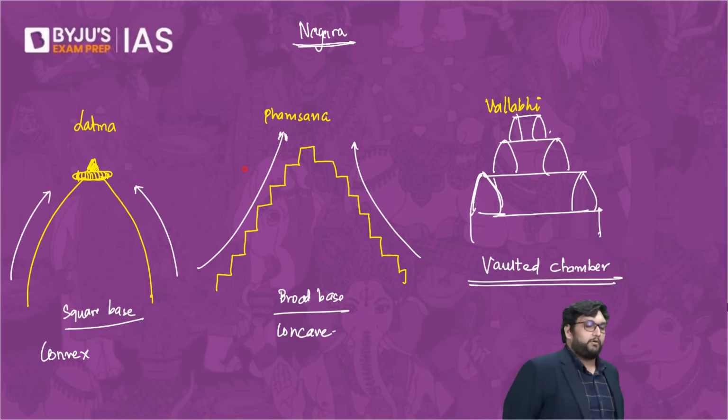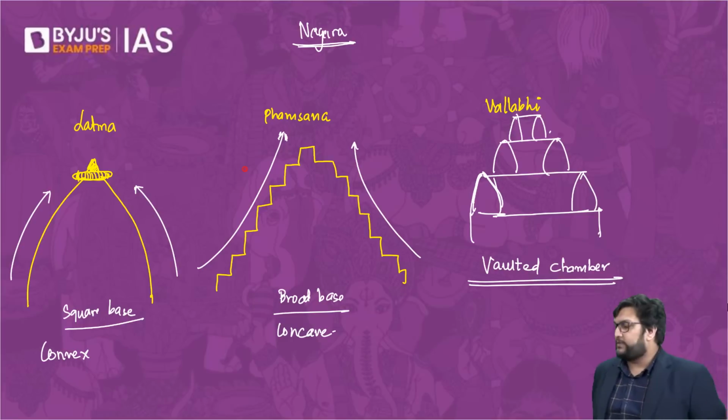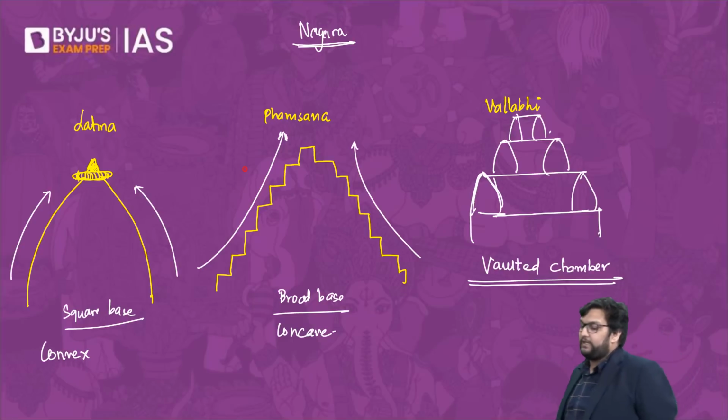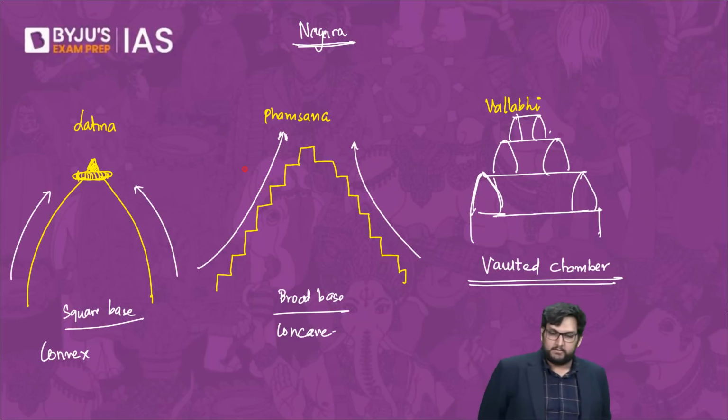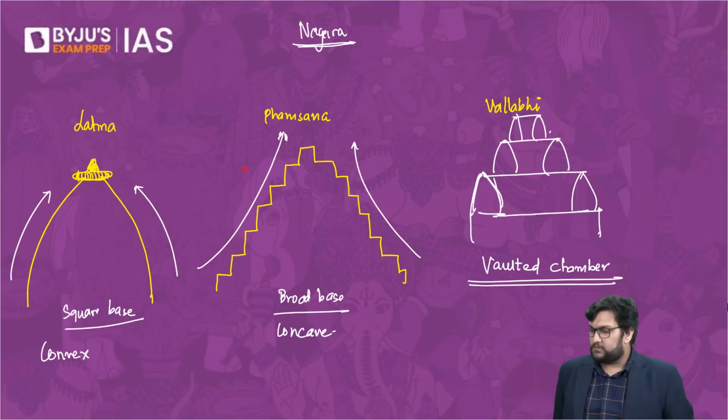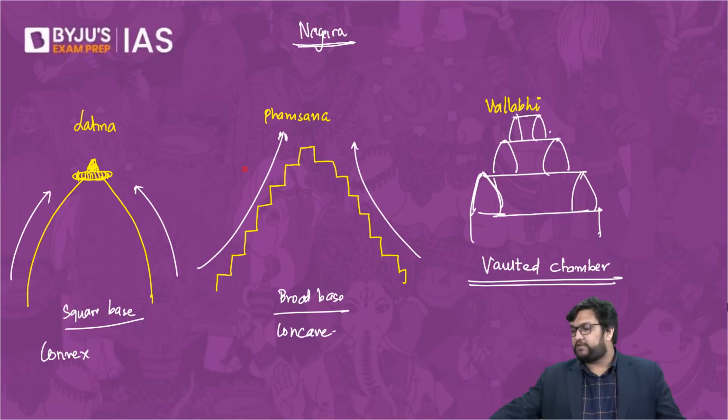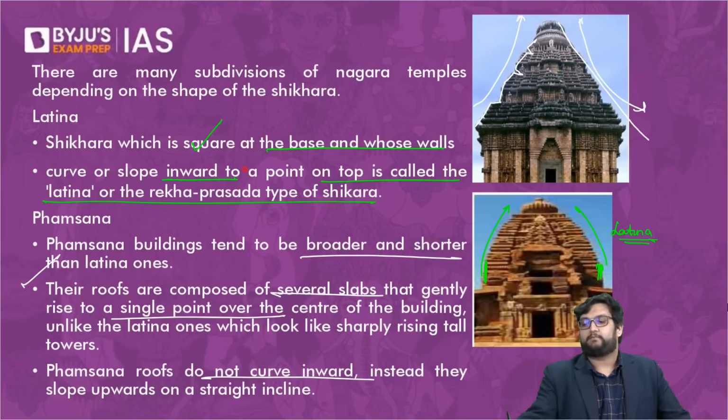Are we clear about the three things I've told you? Will you be able to see a shikhar and identify Latina, Famsana, and Valabi? Yes? In the images of the PPT, you confuse between Famsana and Valabi. So you are not able to understand this one.